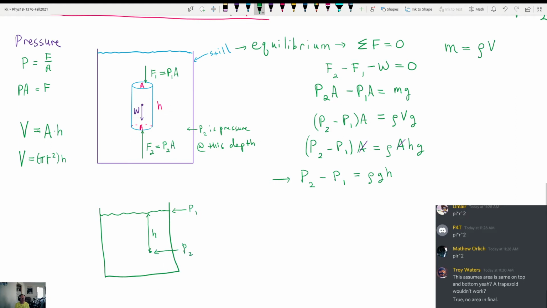Okay. And in fact, let's change our notation here, okay? I'm going to call the pressure down here just P. And I'm going to call the pressure on the top surface P naught. And I'm just going to tell you right now that P naught is going to represent atmospheric pressure.